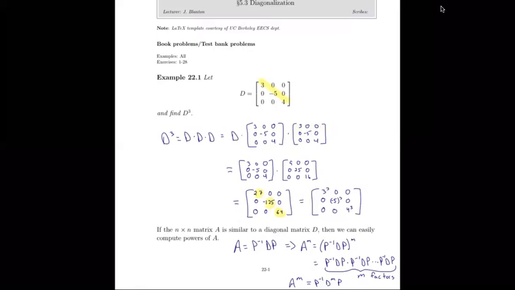And this will generalize to any nth power of a diagonal matrix D. It's just a matter of calculating the diagonal elements' nth power term by term. We've re-emphasized the fact that a diagonal matrix cubed is just the elements of the diagonal cubed.